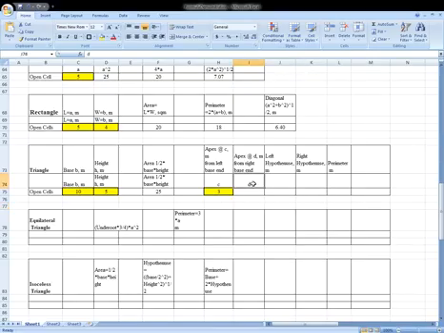D is equal to B minus C. B is 10 minus C, which is 3. So we got 7. It's so simple.